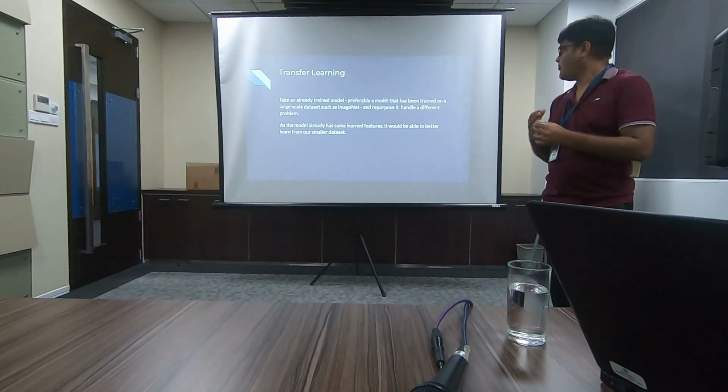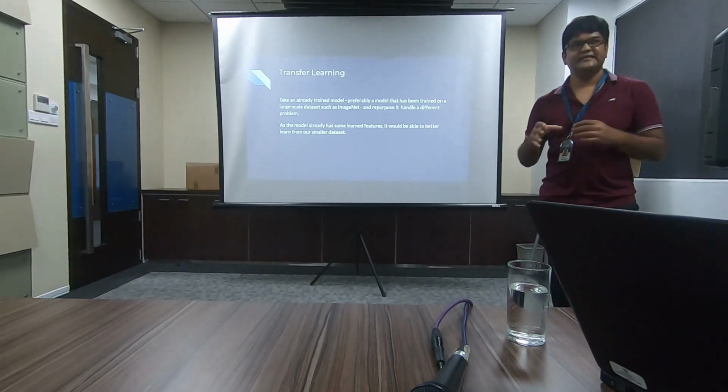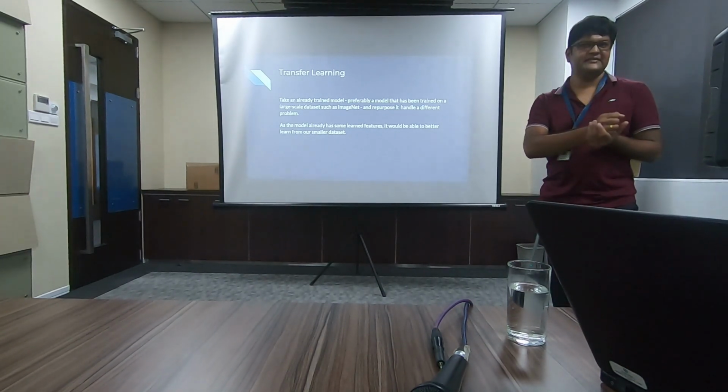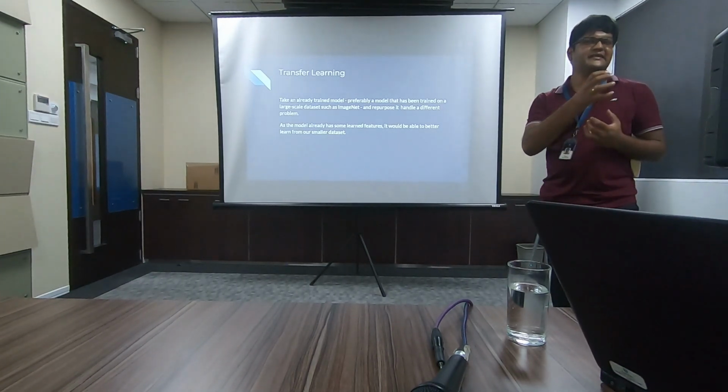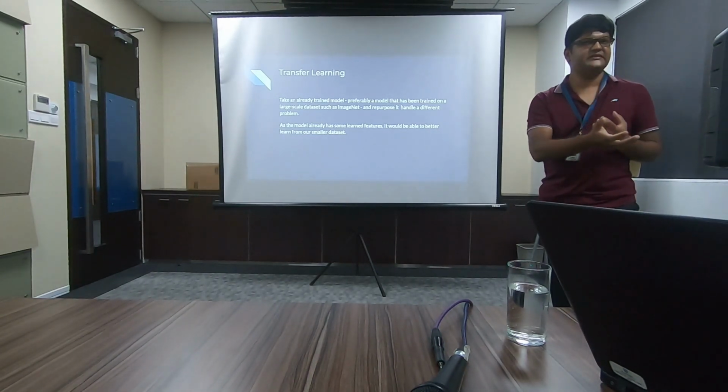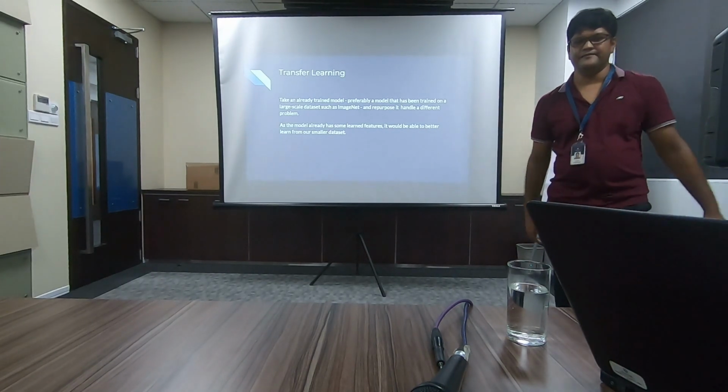What we are trying to do is get those primitive features, which are its past experiences in that model, and reuse those past experiences of the model and train it into a new domain.